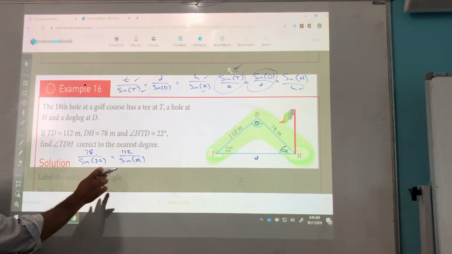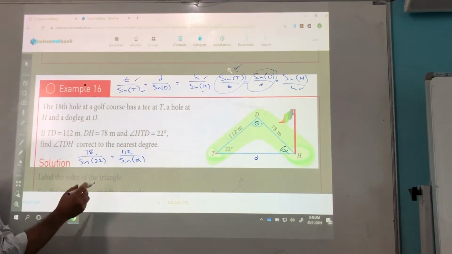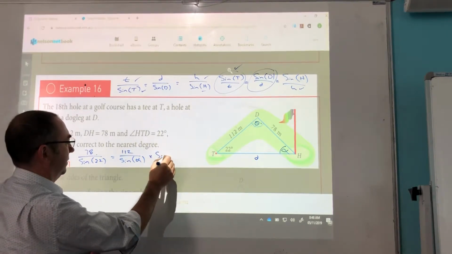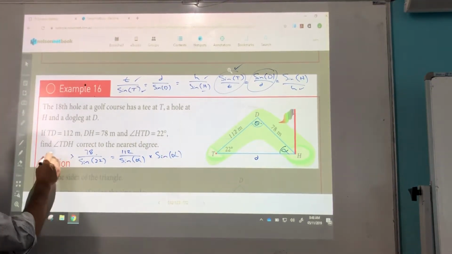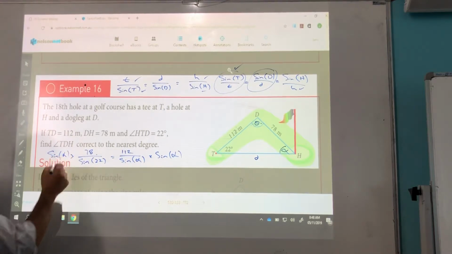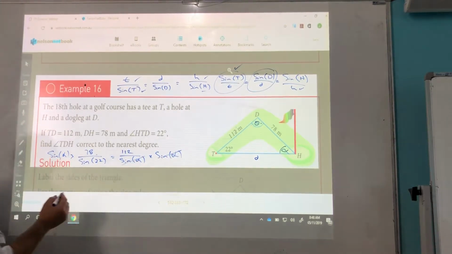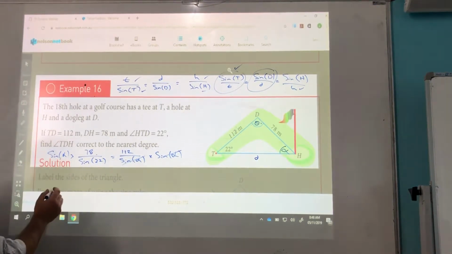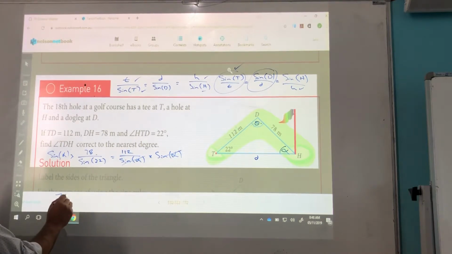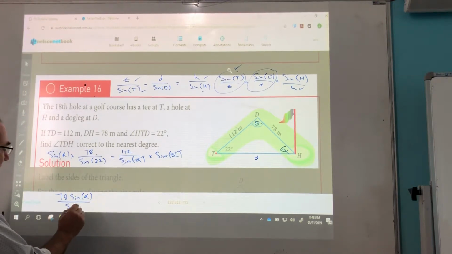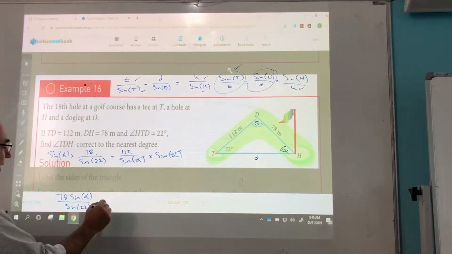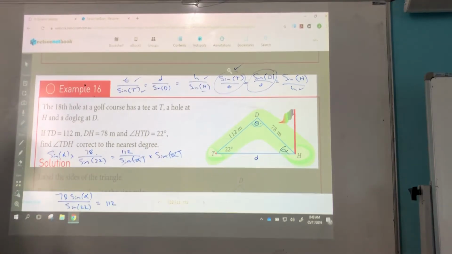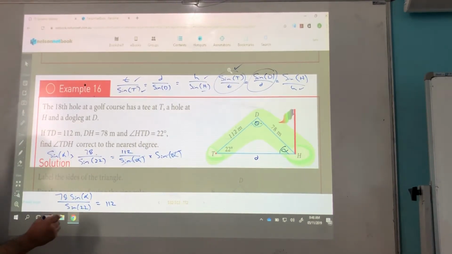If we multiply both sides by sine alpha, it's going to cancel on that side, and we're going to get 78 sine alpha over sine 22 equals 112. I'm going to multiply both sides by sine 22, sorry.